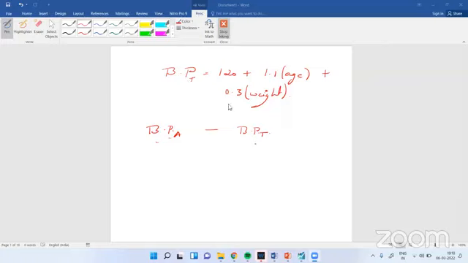Exactly. It will not tally. 101% it will not tally. Sometimes it may tally, sometimes it may not. You are right. You can never minimize error to zero in your model. Why?